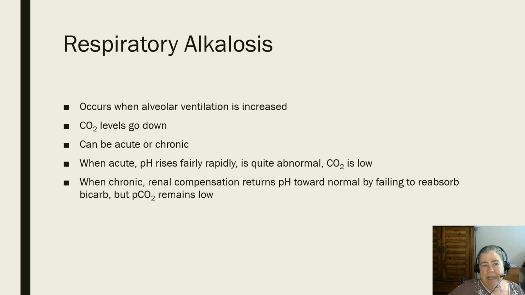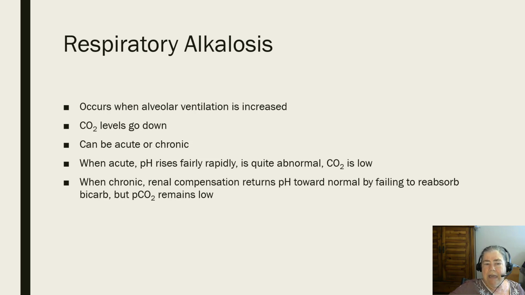Respiratory alkalosis, again, occurs when alveolar ventilation is high and the CO2 levels go down. It can be acute, like a panic attack. Sometimes it's chronic. If it's acute, the pH rises and the CO2 is low on a blood gas.